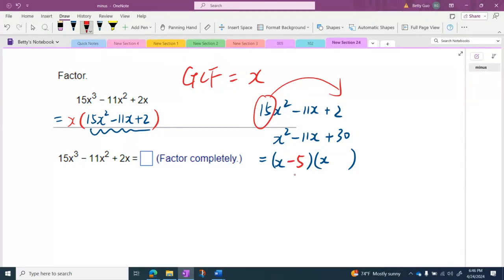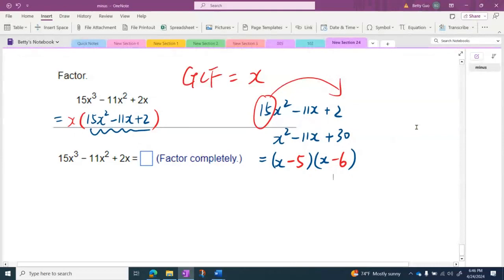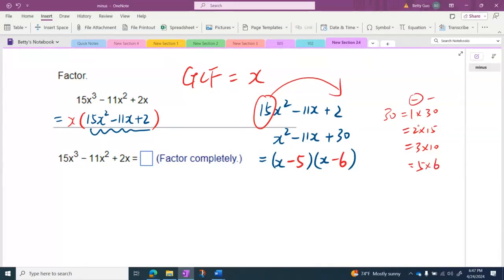You can try, use my procedure. 30 is 1 times 30, 2 times 15, 3 times 10, 4 doesn't work, 5 times 6. And both of the two numbers have to be negative. And only negative 5 and negative 6 add up to negative 11.